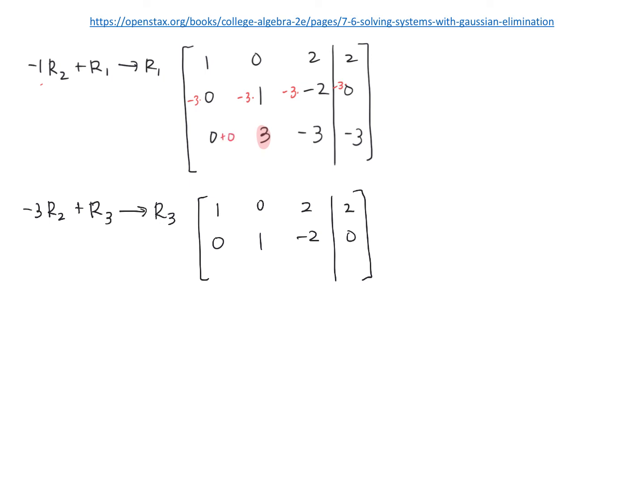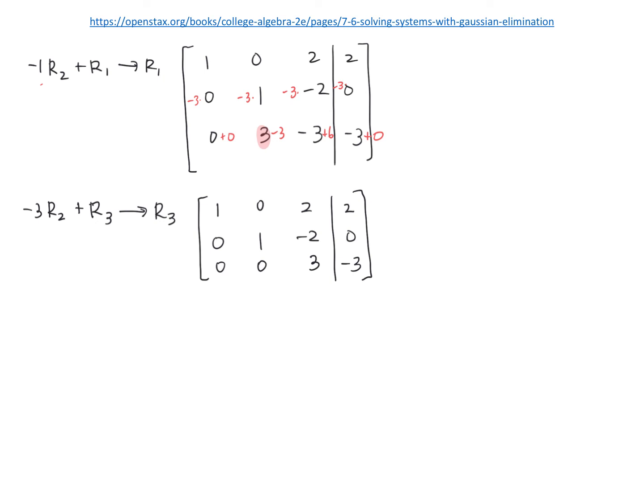Negative 3 times 1 is negative 3. Negative 3 times negative 2 is positive 6. And then negative 3 times 0 is 0. When we find the sums, we get 0 plus 0 is 0. 3 minus 3, 0. Negative 3 plus 6 is 3. And negative 3 plus 0 is negative 3.